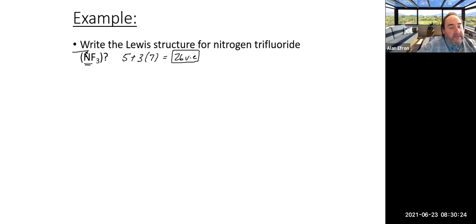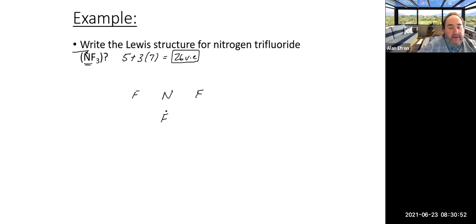So nitrogen should be in the center, with fluorine attached to it. Logically speaking, in most cases, if you have one atom of one element and multiple atoms of another, the single one is in the center and everybody else is attached to it. So the skeletal arrangement is nitrogen in the center, with some fluorines on the outside.